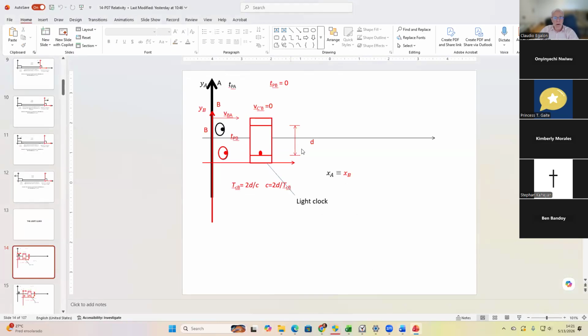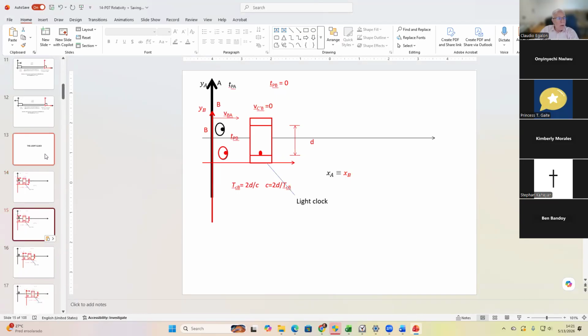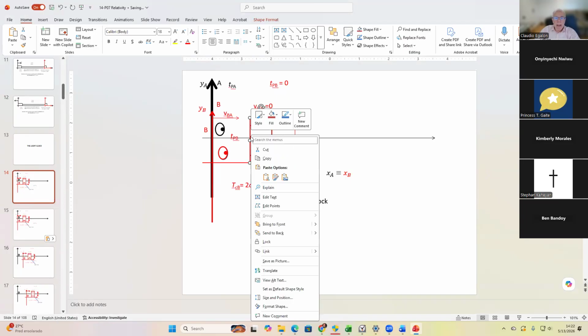Here we have a clock, and here we have a photon of light. As time goes by, let me put a different drawing here. Let's put that in our referential frame. I'm going to put it here in the black referential frame.